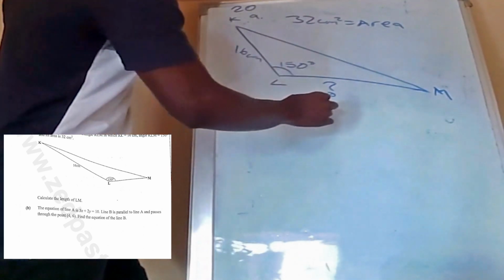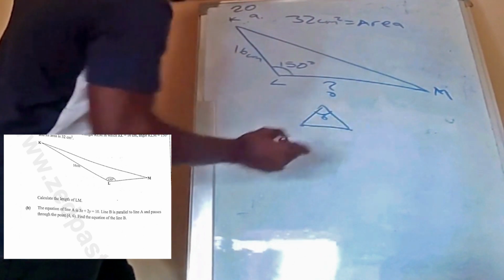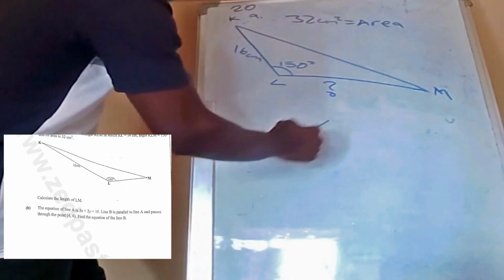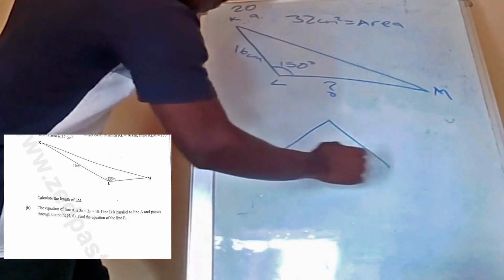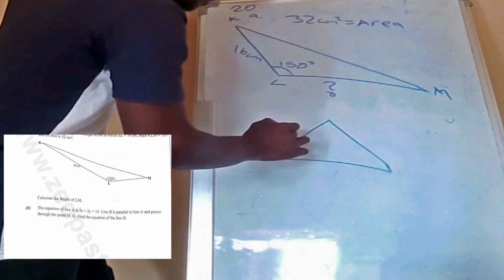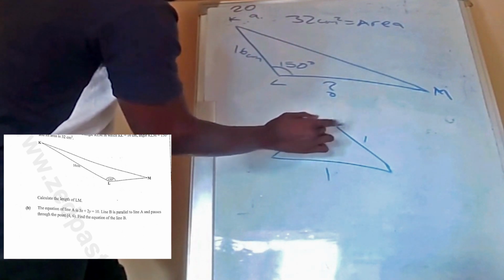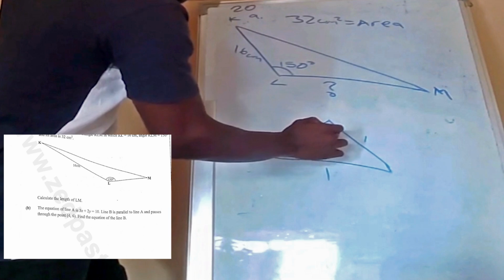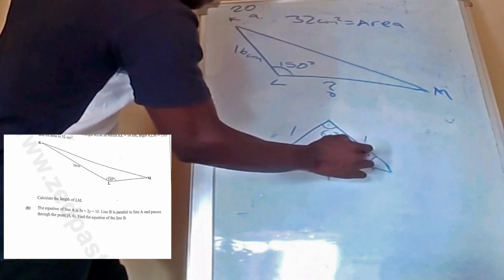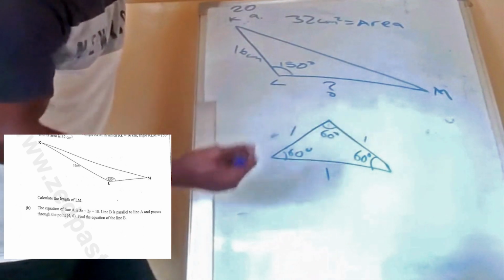We come to this basic triangle with 60 degrees. Let me do a bigger one. We've got this triangle, and let's give the sides as 1 unit, 1 unit. And you've got 60 degrees there, meaning this one is also 60, and this one also is 60, such that the angles give you 180.